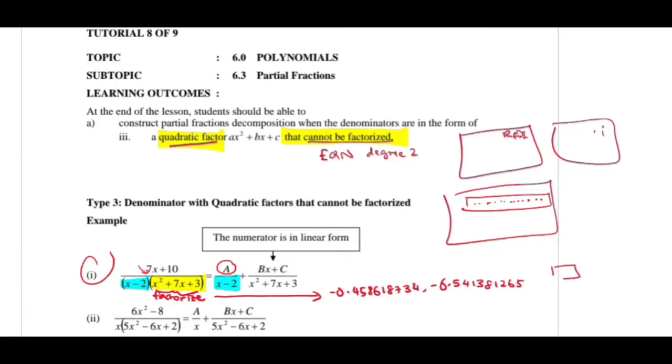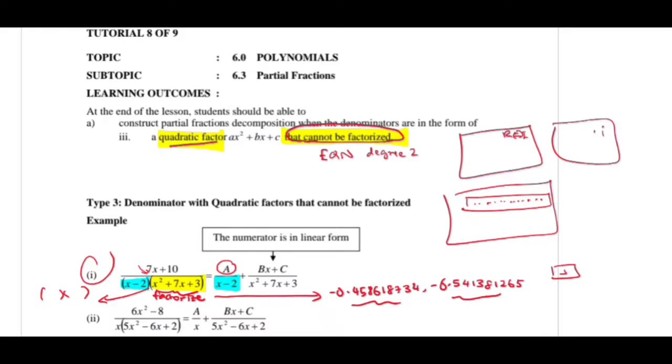Then try to press this symbol on your calculator. Can you change these numbers into fractions? Well, you can't. So this is what we call a quadratic factor that cannot be factorized, because you cannot simplify it and you cannot write this quadratic expression into two linear factors.